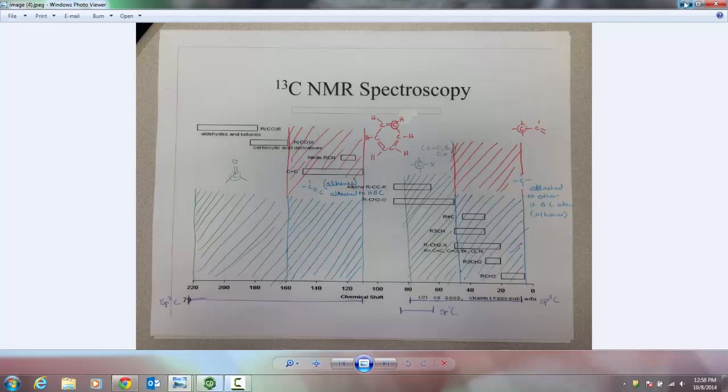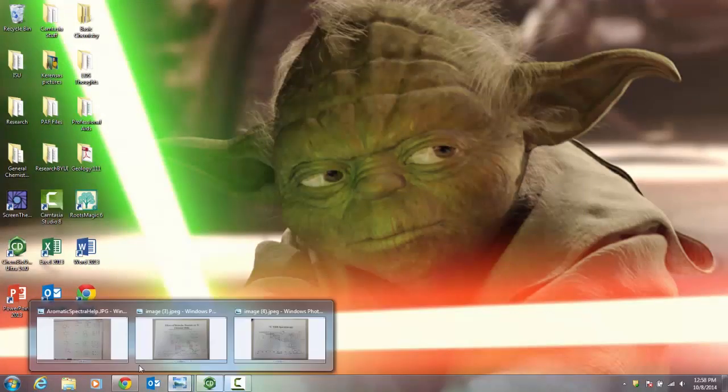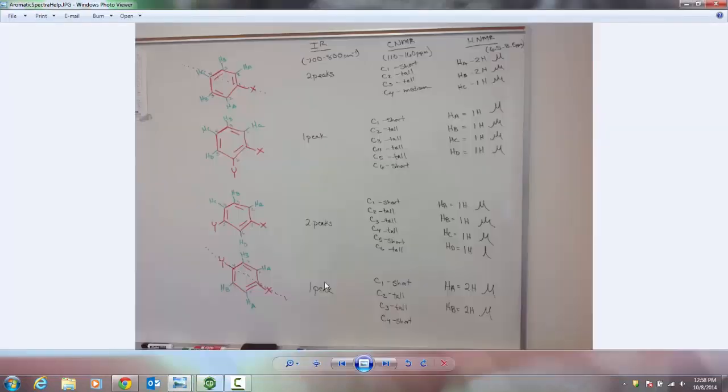Now, I promised that we would look at the rings in terms of IR, carbon NMR, and proton NMR, and what you should be able to discern in terms of the spectra so that you can identify one versus the other. So what I have done here is I've drawn the rings with substituents X and Y. So this one's mono-substituted, ortho-substituted, meta-substituted, and para-substituted.